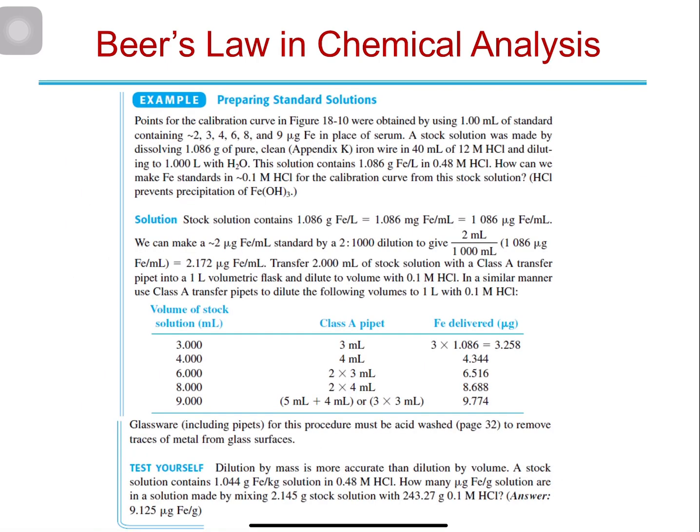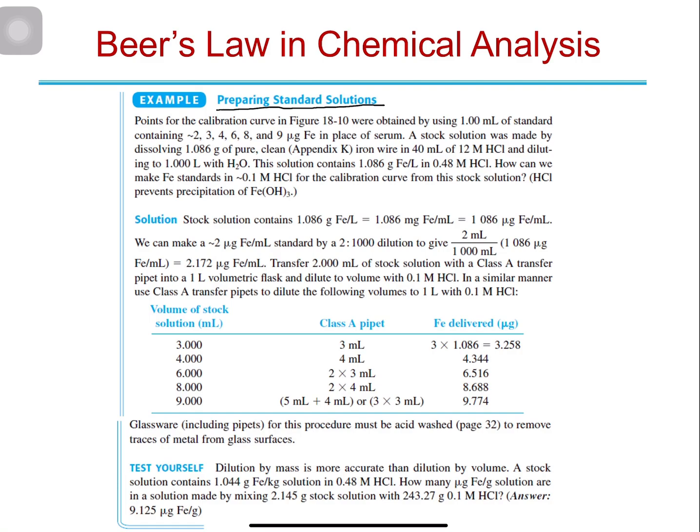So when we are talking about preparing a standard solution, as you did in the lab as well, you are provided with a certain solution as a stock solution, usually prepared in a certain way by dissolving a certain amount of our analyte, our standard in a certain volume.